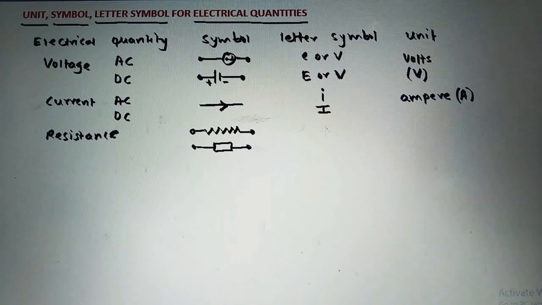The letter symbol for resistance is capital R, and the resistance is measured in ohms, and this ohm is denoted by this symbol. So this is ohm, the unit of resistance.